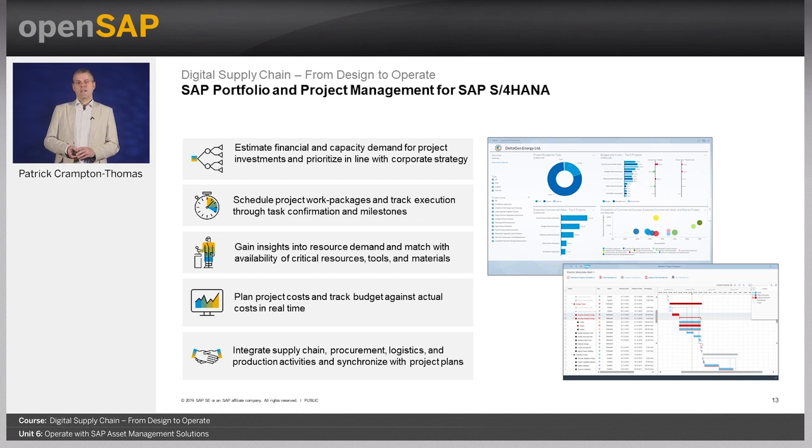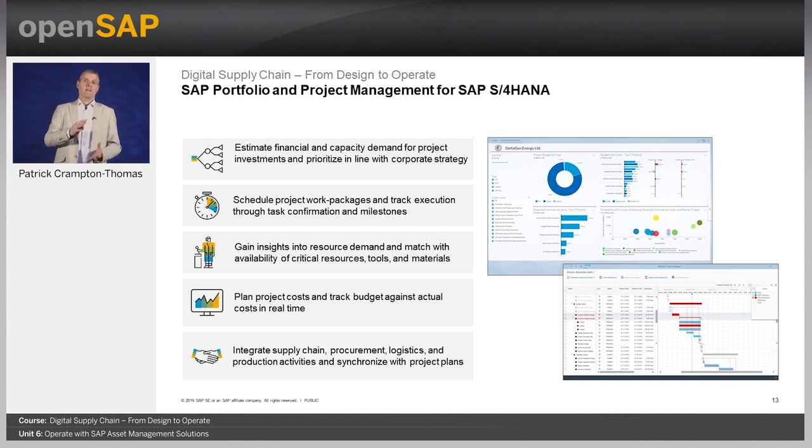And so SAP has a solution for portfolio and project management. One of the main use cases that this solution is adopted for in SAP is capital investment projects, so that I can manage the whole funnel from what are the potential investments I need to make.